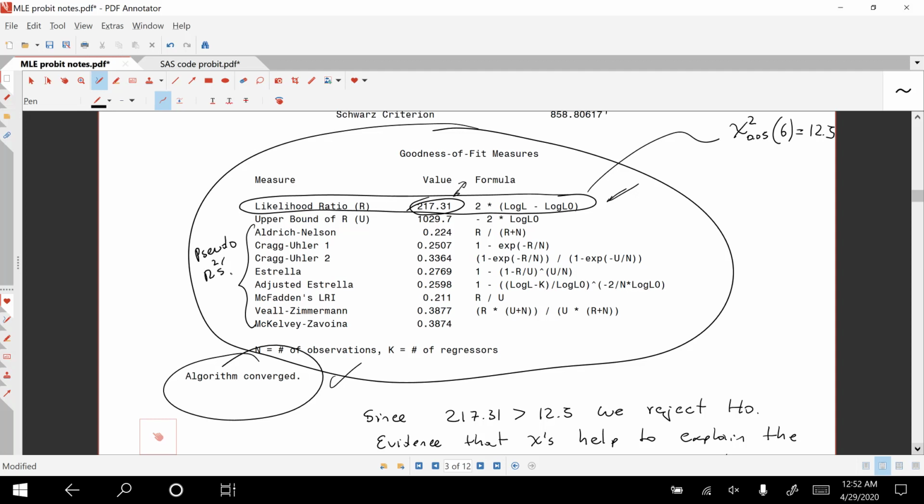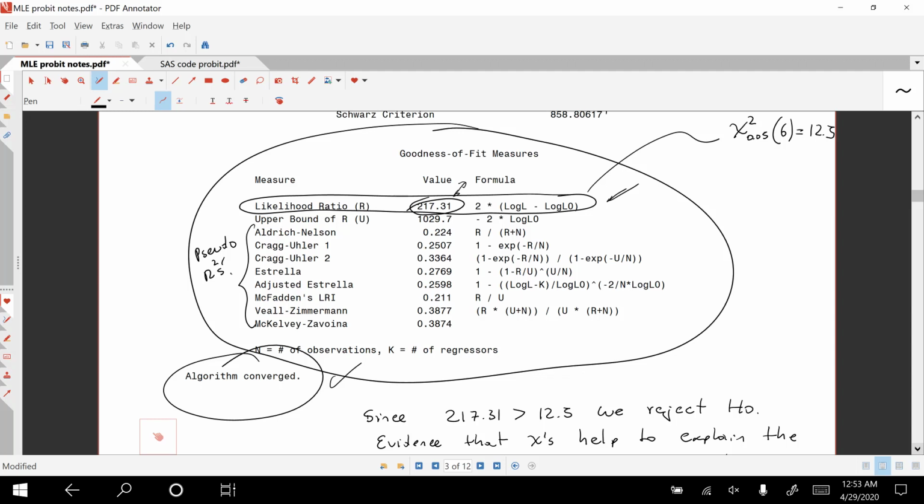But most of the time, they are really not used, and they are not really interpreted, but you can add one of them. Most of the time the only thing that I report is the log likelihood value and the result of a likelihood ratio test.